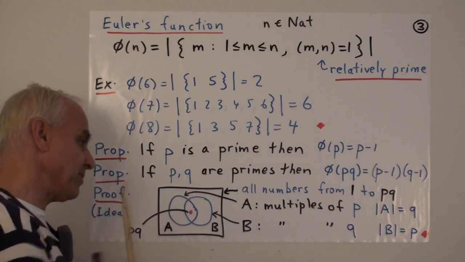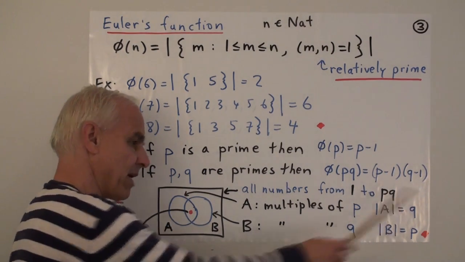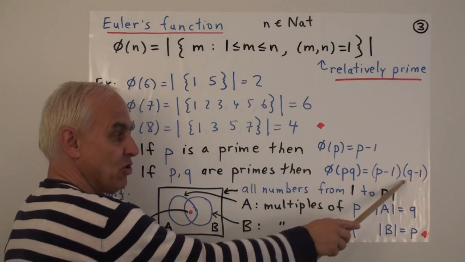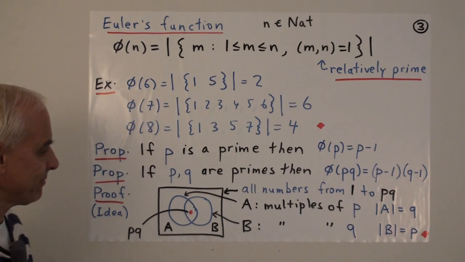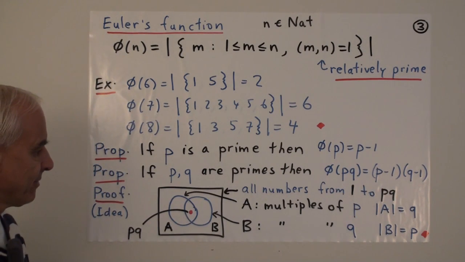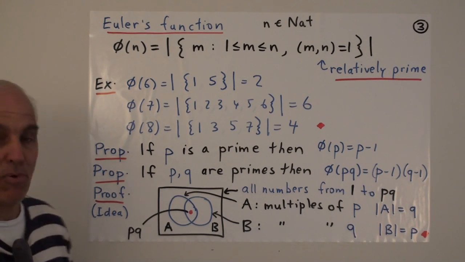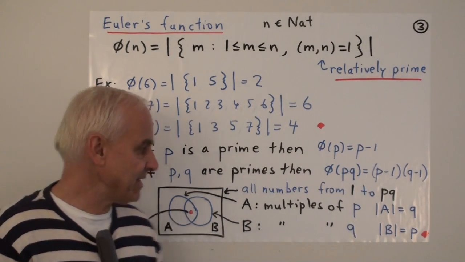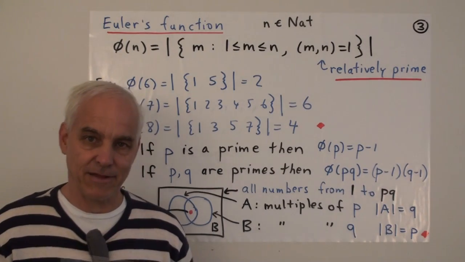So P times Q minus the union, P plus Q minus 1, turns out to be P times Q minus P minus Q plus 1, which is this expression here. So inclusion-exclusion plays a natural and actually important role in this kind of number theoretical situation where we're counting multiples and common divisors and things like that.